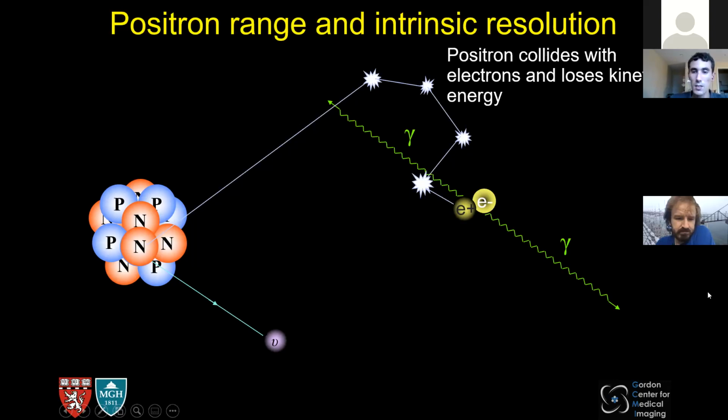The average distance between the site of emission and the site of annihilation is what we call the positron range. We don't want to have a positron range, because what we really want to know is where the radioactive molecule is inside the patient's body, not where the site of annihilation is. So this delta here is going to lead to a loss of spatial resolution.